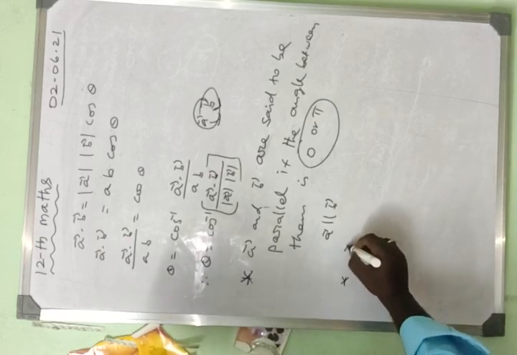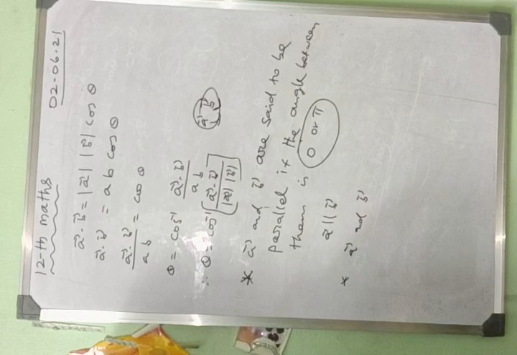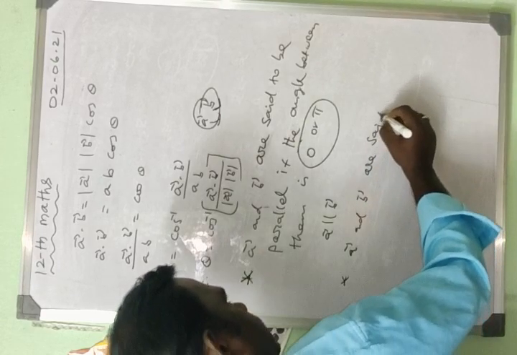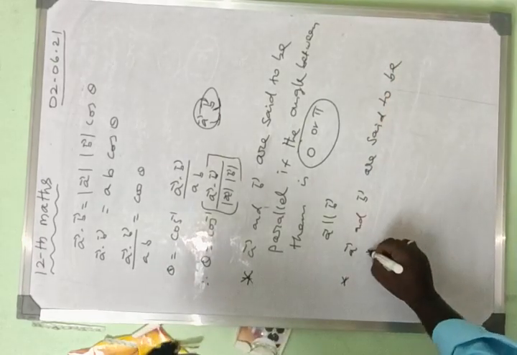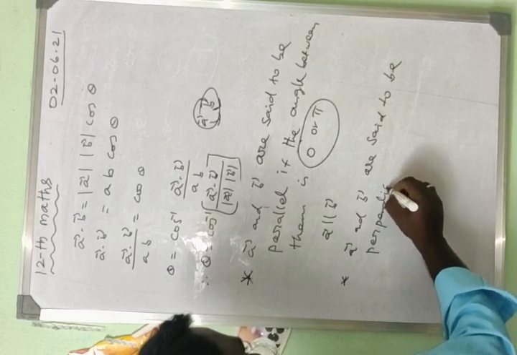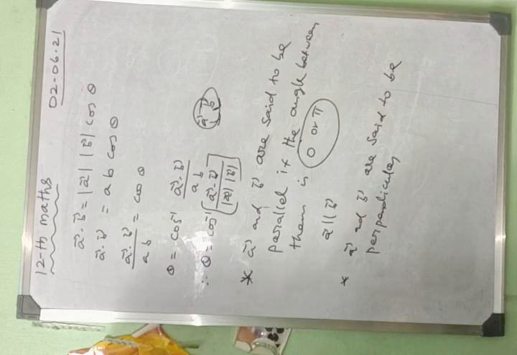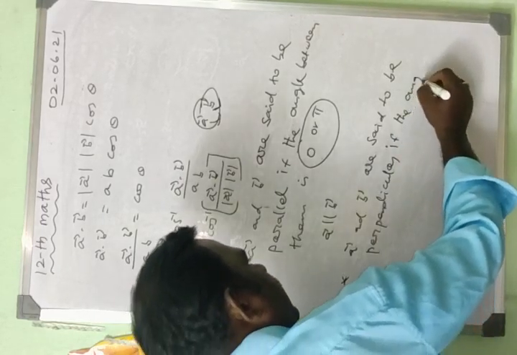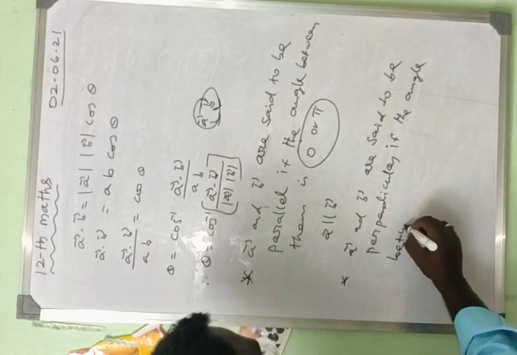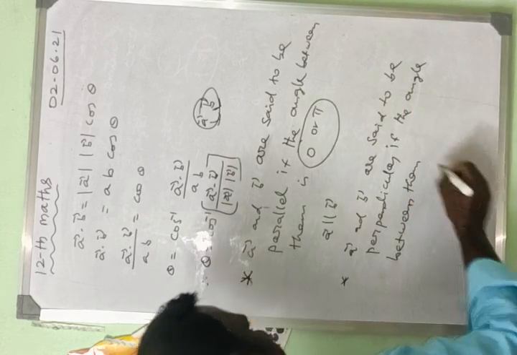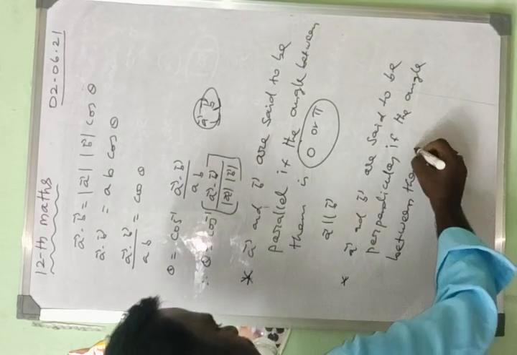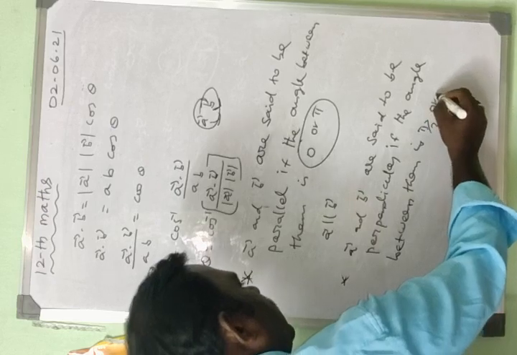Vector A and vector B are said to be perpendicular if the angle between them is pi by 2 or 3 pi by 2.